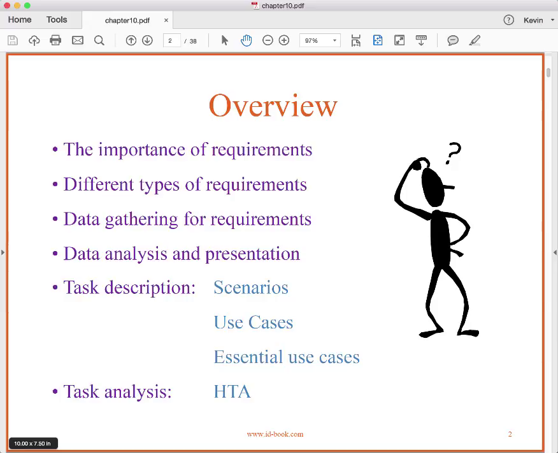And then we're going to cover task analysis, and in particular a methodology called HTA, or hierarchical task analysis.